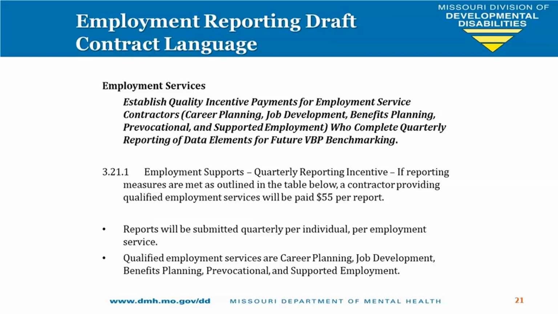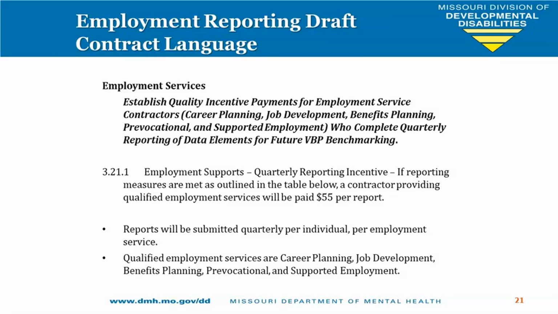The contract language that goes along with the corresponding waiver amendment that enables us to do the value-based payments has been sent out. Providers will need to go through that contract language.